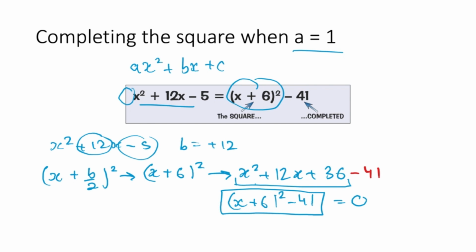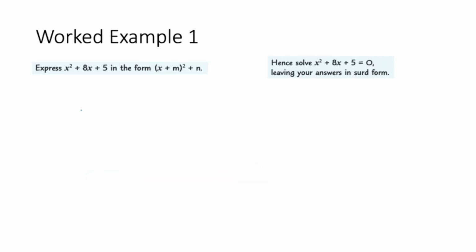Now let's work through some examples. Example 1. Express x squared plus 8x plus 5 in the form x plus m squared plus n. So first of all, you write your expression, x squared plus 8x plus 5. Find your b value. In this case, the b value is positive 8.